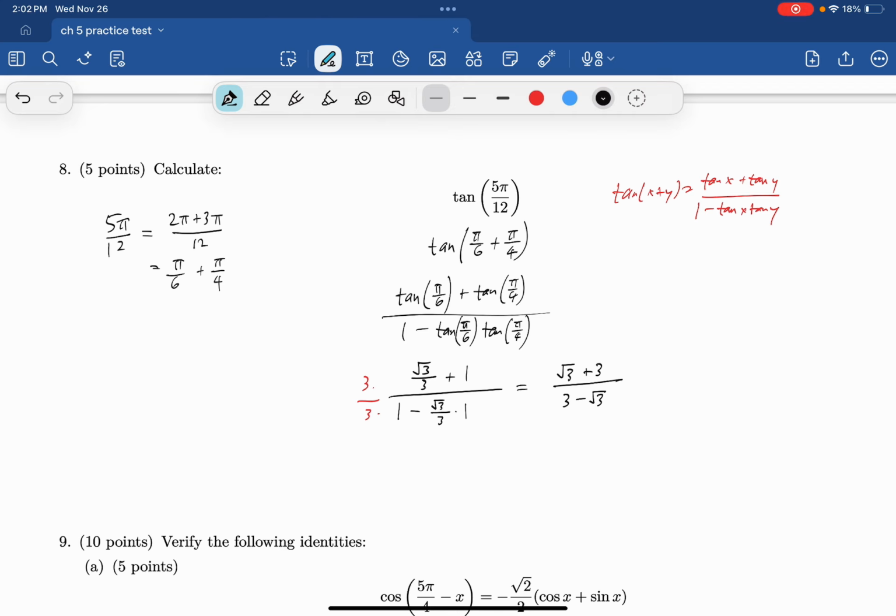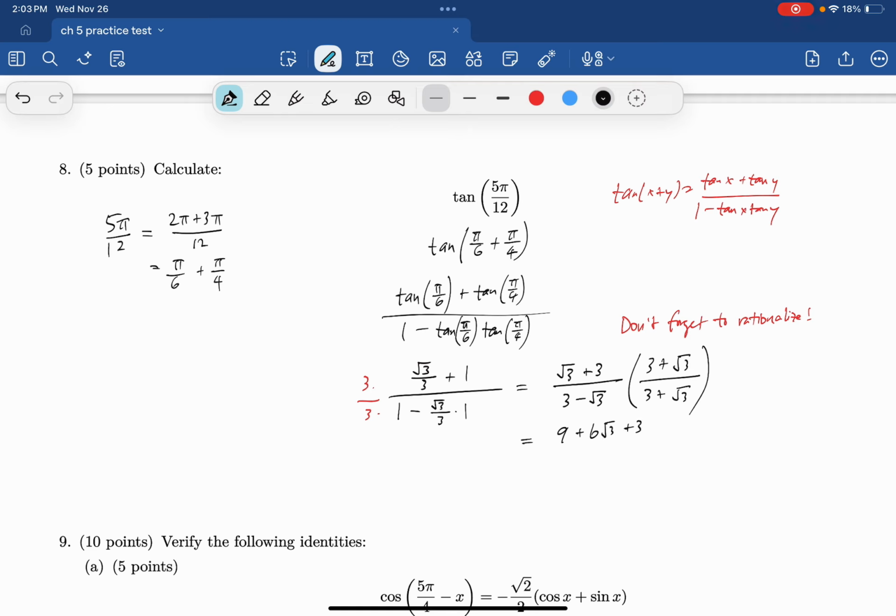Here we have to rationalize, right? Don't forget to rationalize. By rationalizing, we have to multiply the denominator by its conjugate. So the top is going to become 9 plus 6 root 3 plus 3.